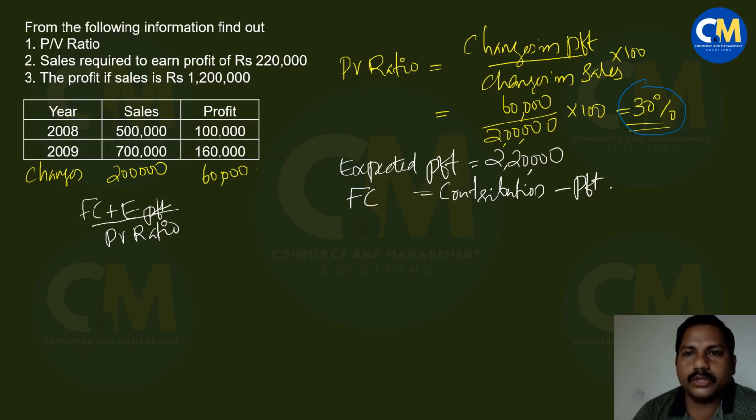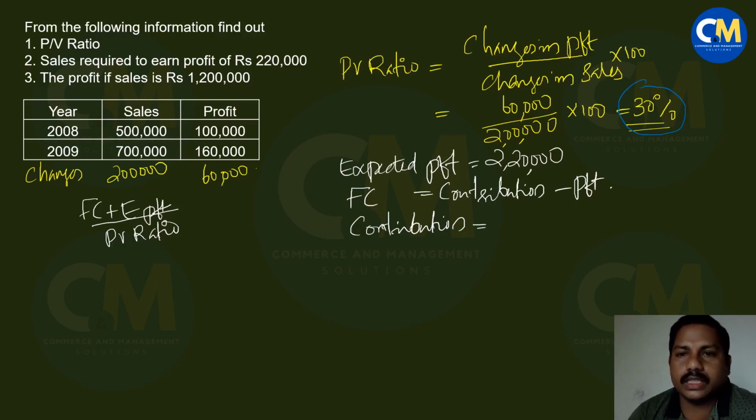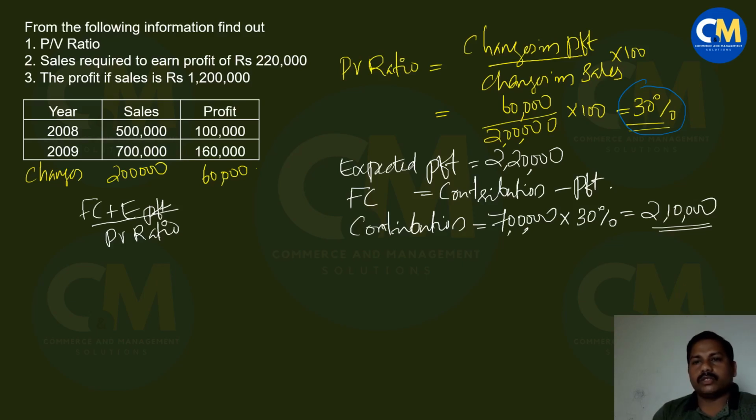To calculate contribution, we know that the PV ratio is equal to 30 percent. So contribution is equal to the sales in the last year, 7 lakh, into 30 percent, which is 2,10,000.